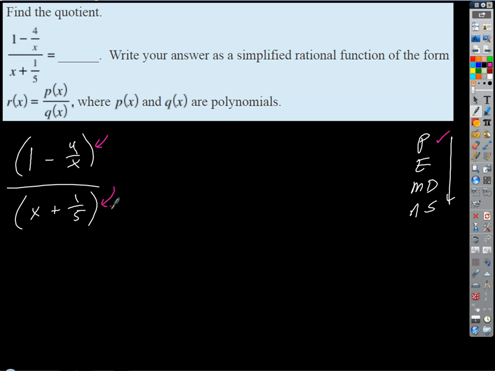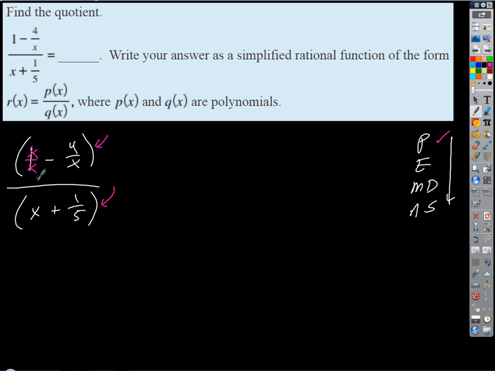So what do we do to the top one? If I want to combine those two numbers, what do I do when I subtract fractions? What do I have to get? Common denominator. So this is just 1 over 1 to start with, so what do I have to multiply top and bottom by in that fraction? Yeah, so that's just going to be x over x, right?